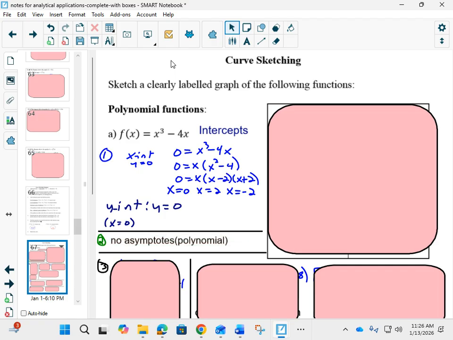No. Step 2 is easy. No asymptotes. No non-permissible values. It's a polynomial. You know its shape already. No horizontal asymptote.